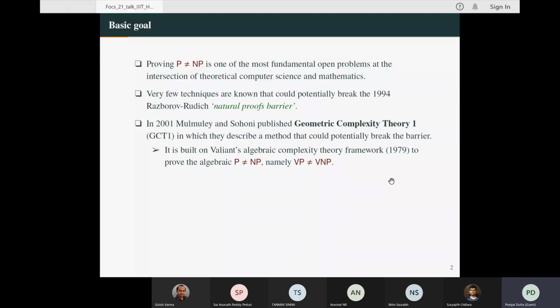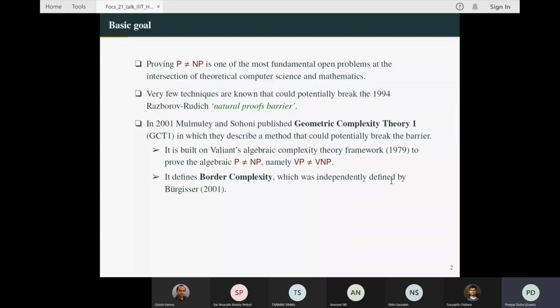I'll define VP, VNP and so on in a few more slides. For the time being, think of it as: I have the P not equal to NP conjecture, and there is an algebraic version of it, VP not equal to VNP, and Mulmuley and Sohoni built the GCT program on VP not equal to VNP.